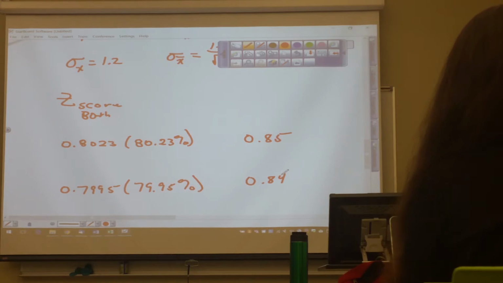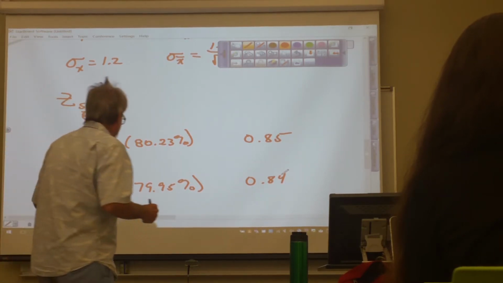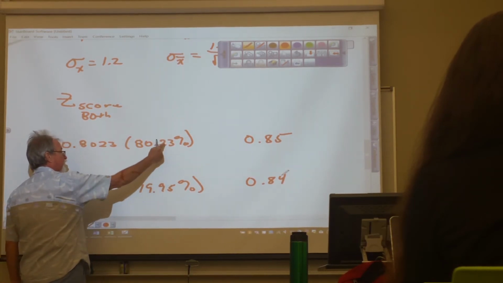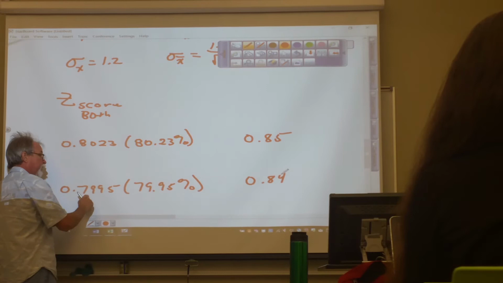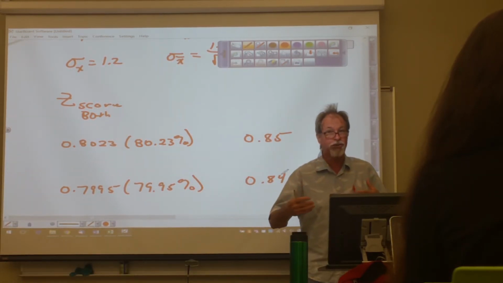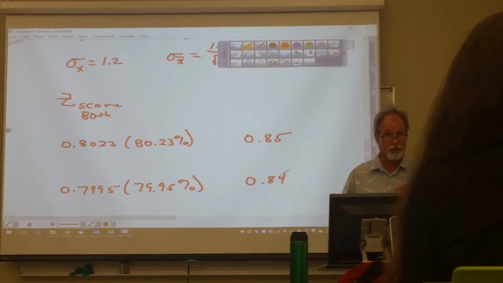If you wanted to use 0.842, might be a little higher, I don't know without doing it, okay? Since this is only 5/100ths away and this is 23/100ths away, this might be good enough to use, okay? So you're gonna have to look it up and see if it's good enough to use.